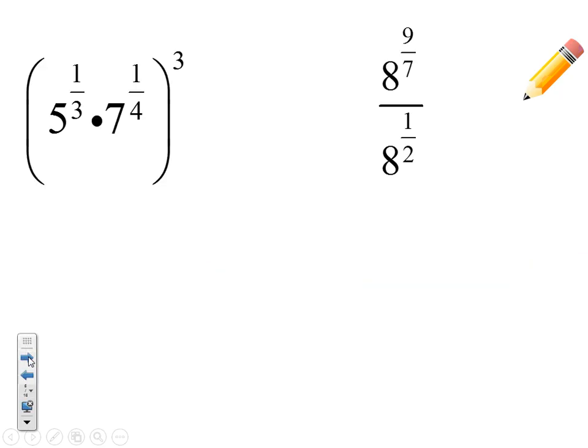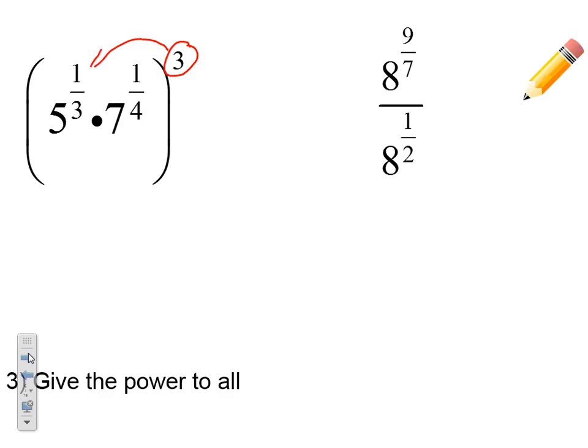Here comes number 3 and number 4. Number 3 looks like this. We're going to give power to all. So what that means is that we have to take our 3 and we need to multiply it here and here. So I am going to get 5.